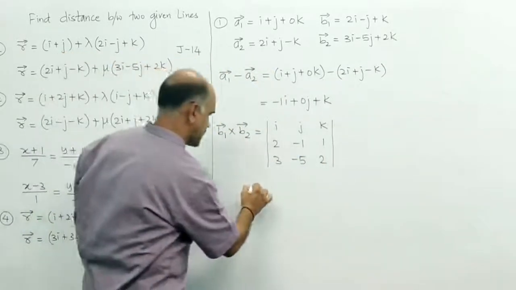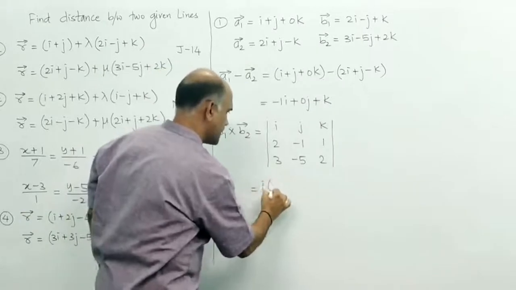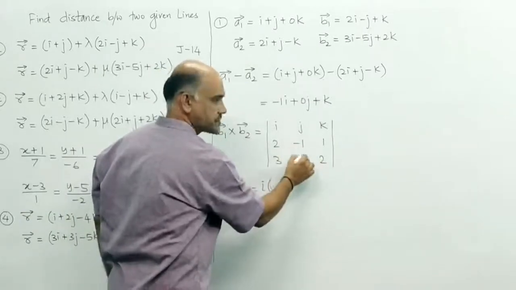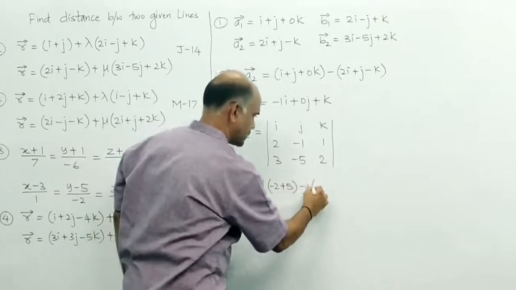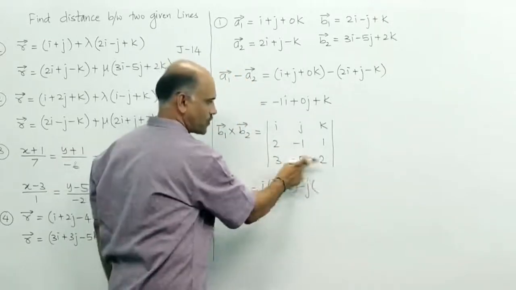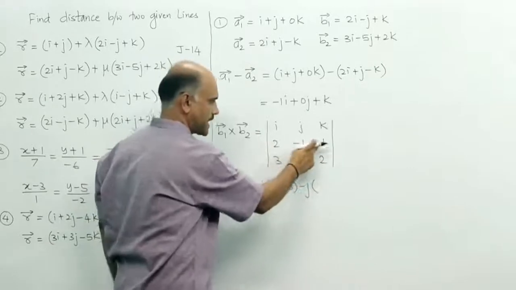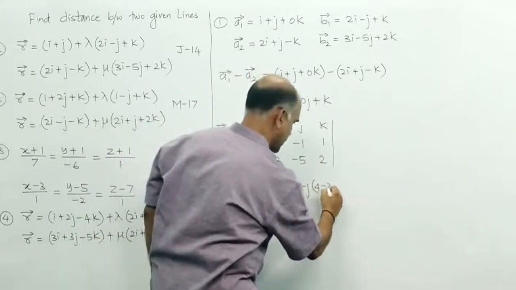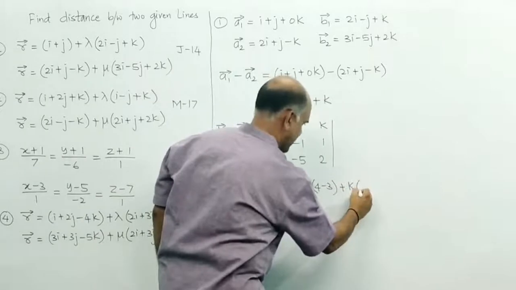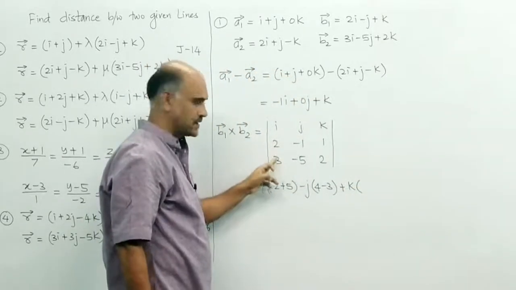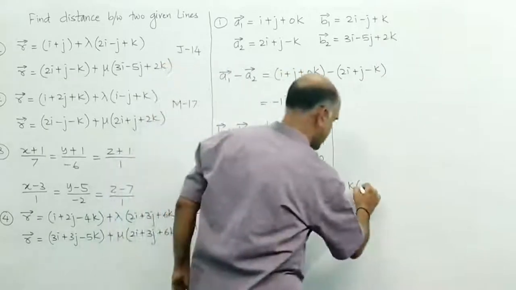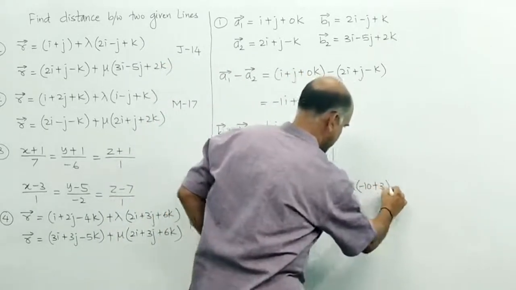So if you expand, you will have i into bracket minus 2 plus 5, minus j into bracket 4 minus 3, plus k into bracket minus 10 plus 3.